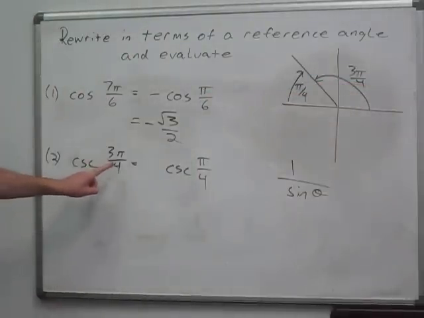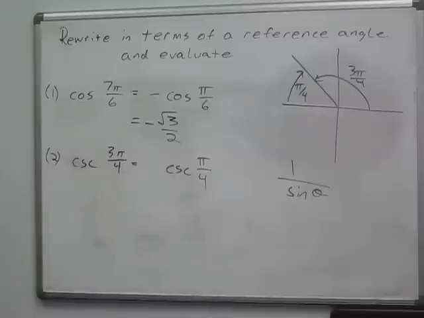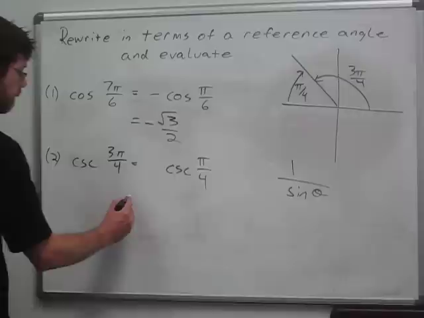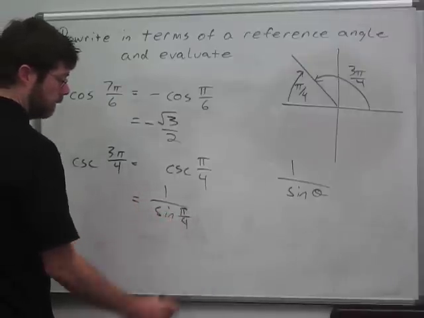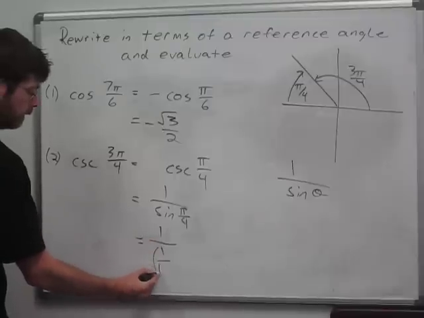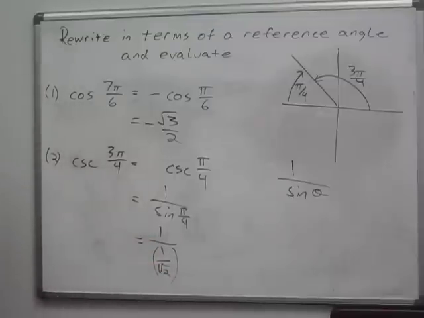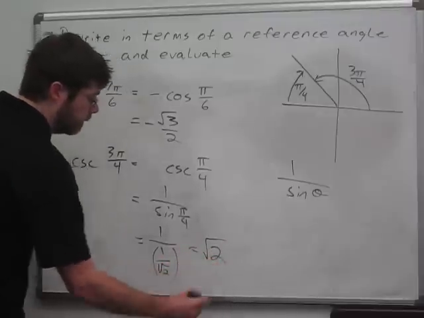So cosecant of 3 pi over 4 is going to be exactly the same as the cosecant of pi over 4. This is 1 over the sine of pi over 4, which is 1 over positive 1 over radical 2, which simplifies down to radical 2.